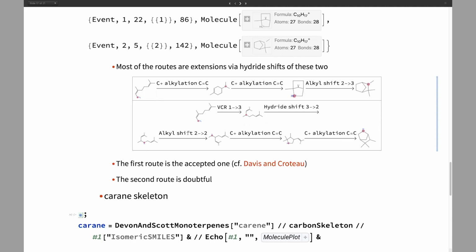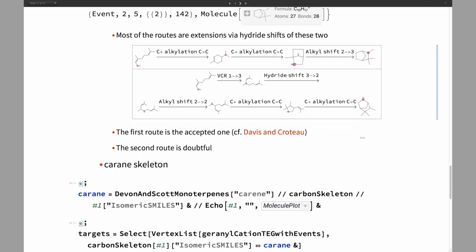This one here, which is a bunch of shifts with finally an alkylation at the end, is not very likely the one that's happening, because no labeling experiments have turned this one up as a possible route.